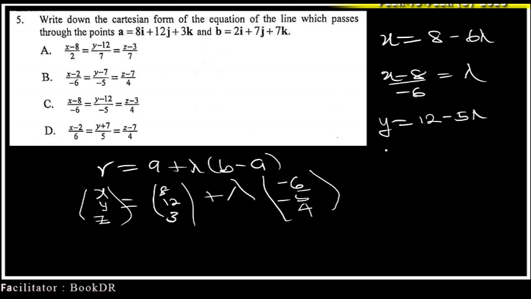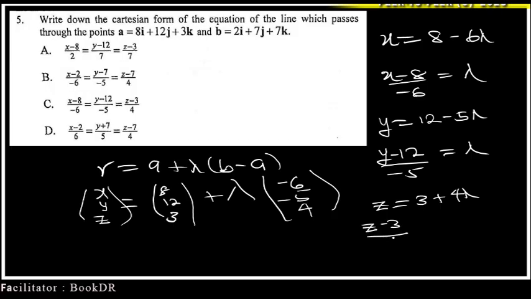Making lambda the subject, y minus 12 over negative 5 is equal to lambda. Then the last one, z is equal to 3 plus 4 lambda. This will be z minus 3 over 4 is equal to lambda.